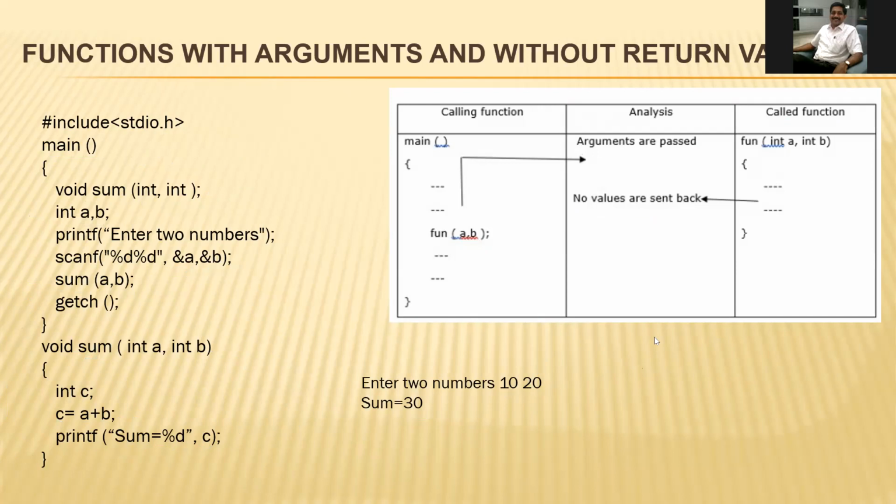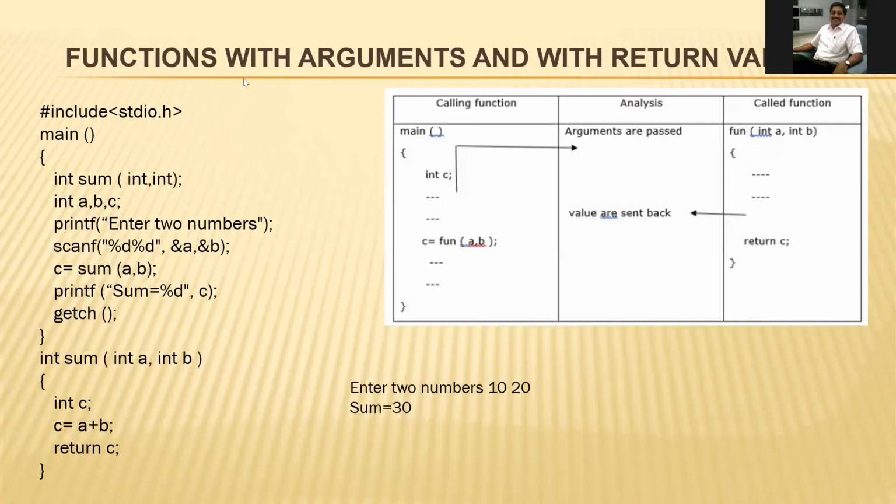What is the next? Functions with arguments and with return values. See here, with arguments and with return values. In the figure you can see the calling function is written, that is the main function, for example, and we have given the call to the function.